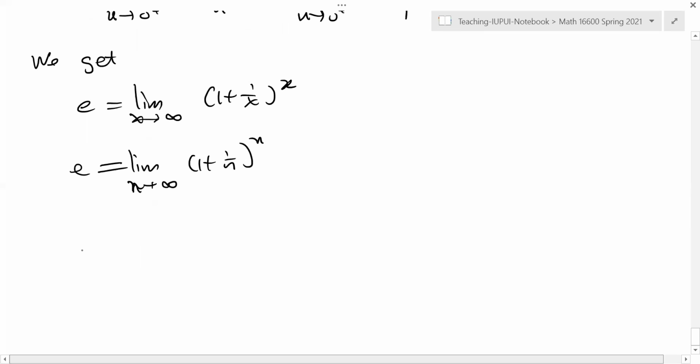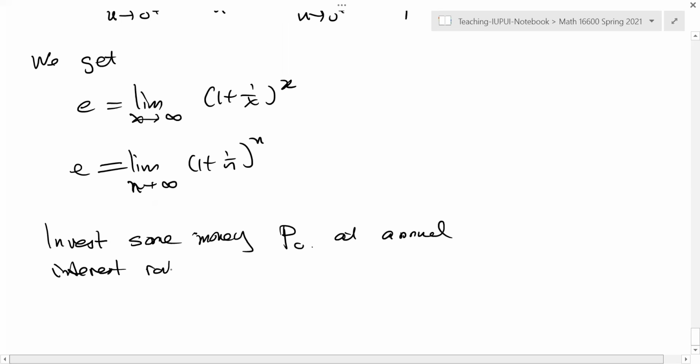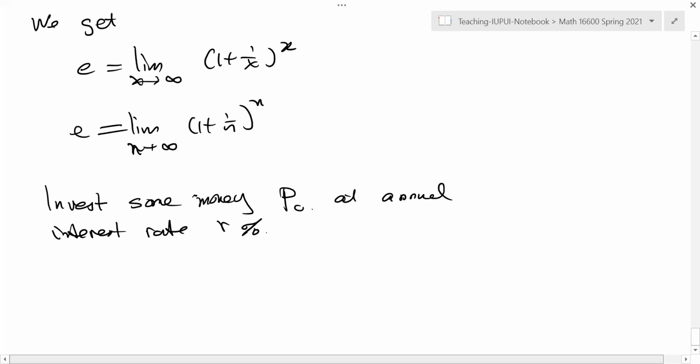Now, if you invest some money in an account at some fixed rate, let's call it a CD, because a CD always has a fixed interest rate. Say you make an initial deposit at an annual interest rate of r percent. Then it depends on how the interest is compounded during the whole year.